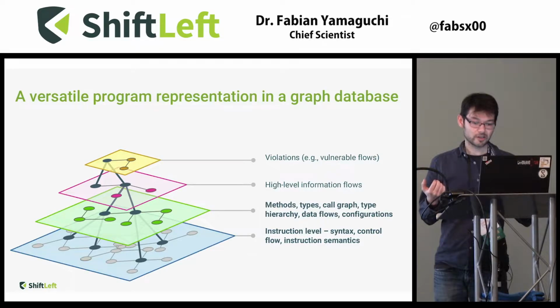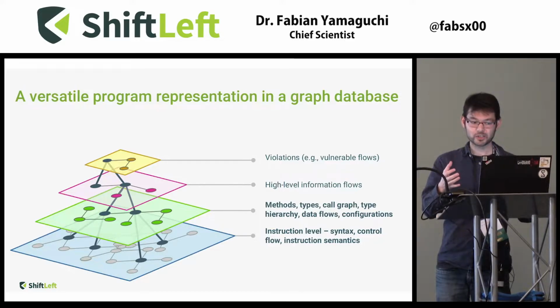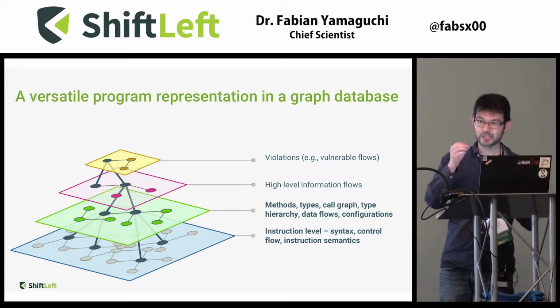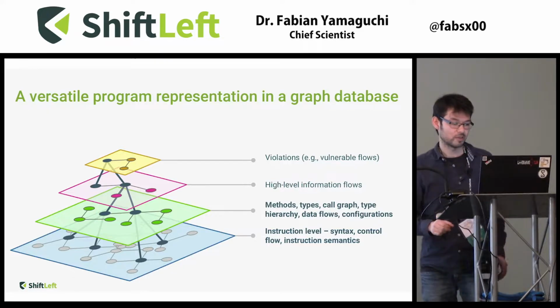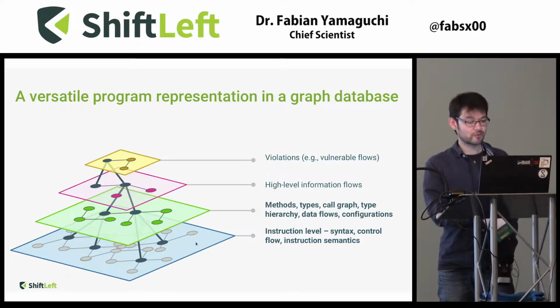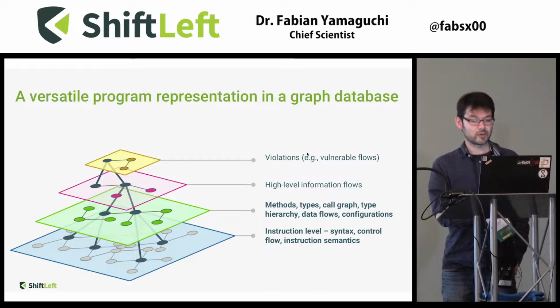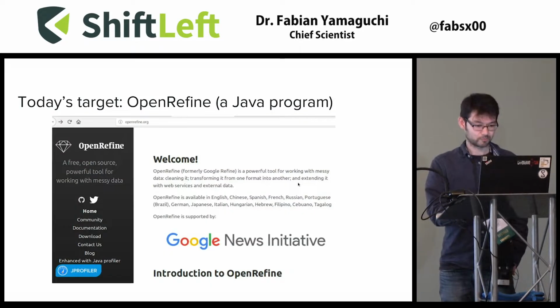So the overall idea is take all of these different perspectives and make them available in a search engine so that people can actually write queries about their code that express specific types of vulnerability patterns in their code base. And in the trial version, you have these first two layers here. The layers above here go more in the direction of automatically finding things for you. And so these are not available in the trial version, but in the full version only.